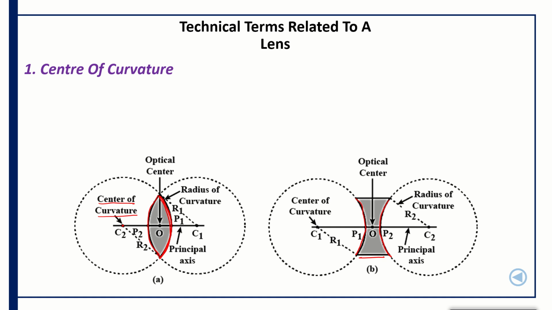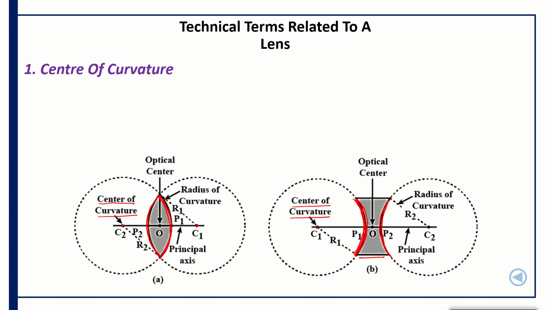Here we have taken two spherical surfaces, so it is creating two centers of curvature. In the concave case also, each spherical surface of the concave lens is part of a sphere, and the center of that surface is known as the center of curvature.